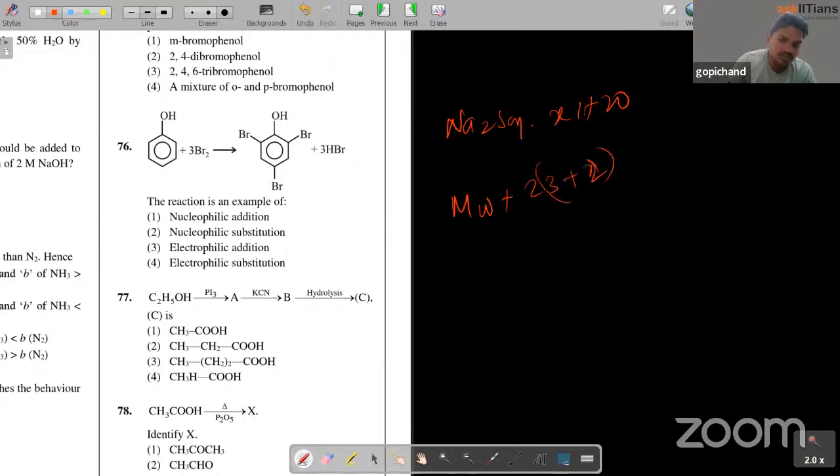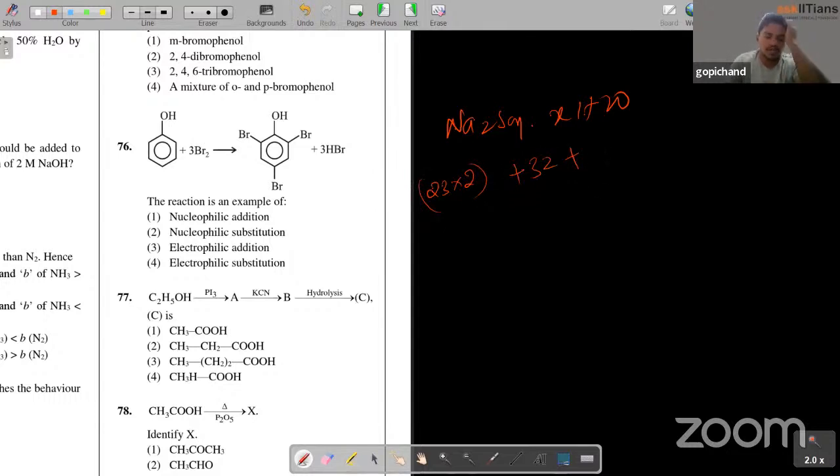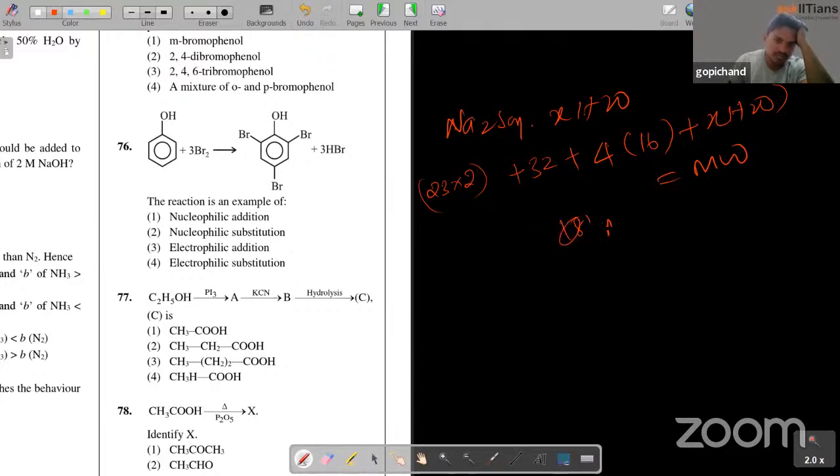23 into 2, plus 32 for sulfur, and 4 times 16 for oxygen, plus XH2O. After finding all these things, the molecular weight of Na2SO4 is 142.